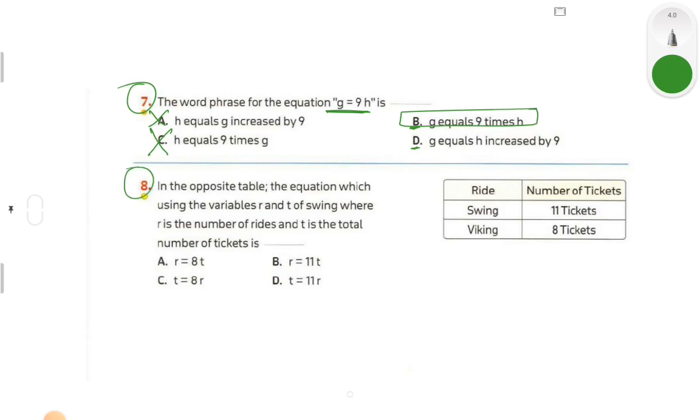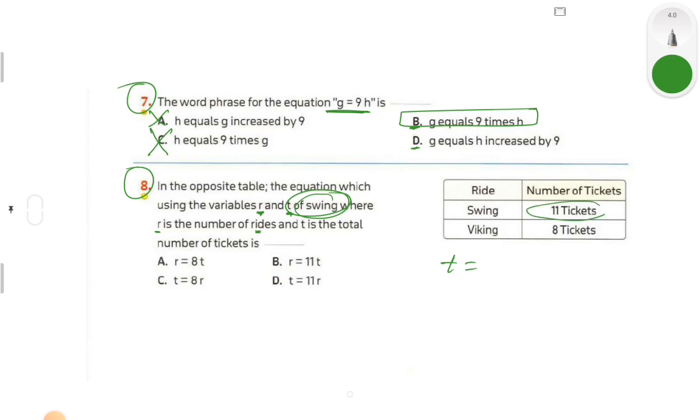Last question we have. In the opposite table, we have a table. The equation using the variables R and T of a swing, where R is the number of rides and T is the total number of tickets. I know that the total number of tickets equals what? This is for the swing.